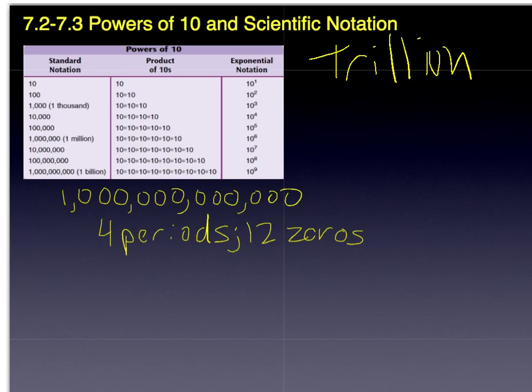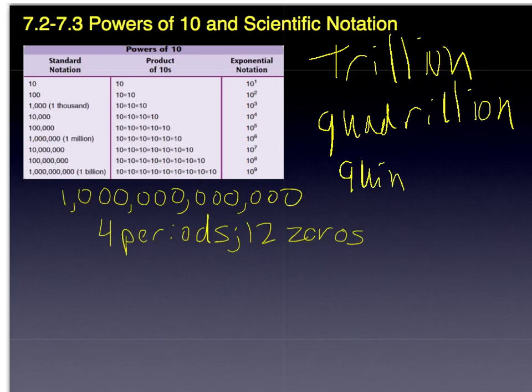After trillion, we have quadrillion. And we have quintillion. So we can start following the same pattern for the periods that follow billion.